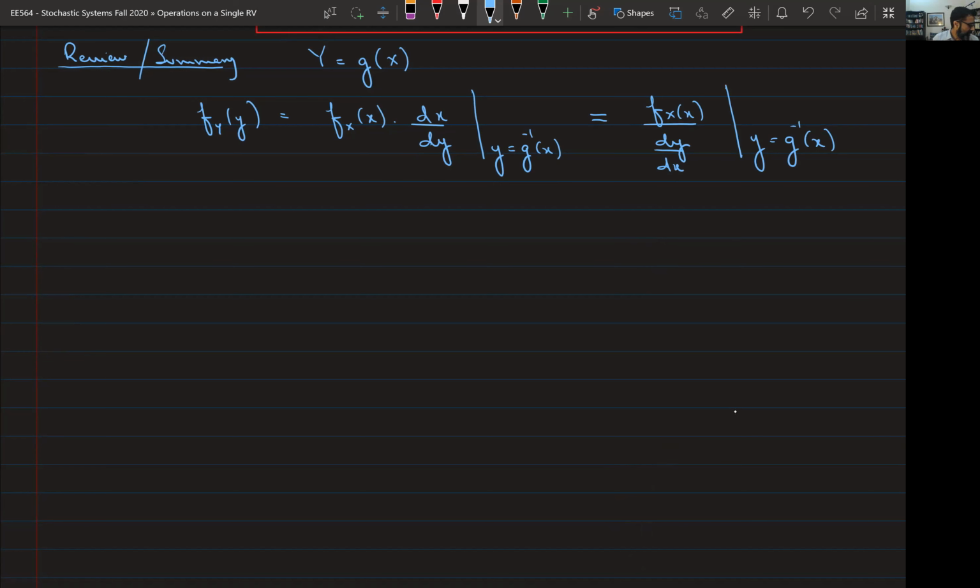Okay, what we're going to do next: we've talked about monotonically increasing functions. Now we're going to talk about monotonically decreasing functions, and then we're going to generalize it to non-monotonic functions, functions which are not necessarily monotonic.